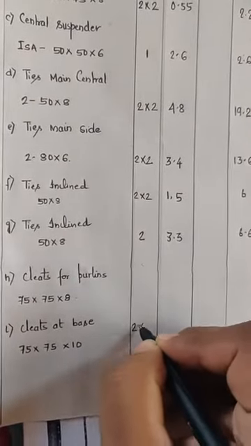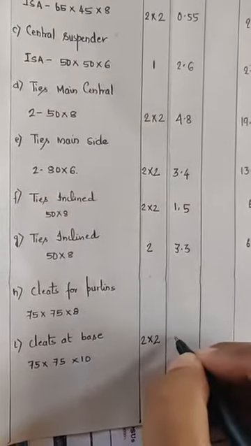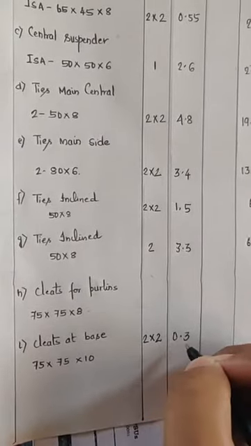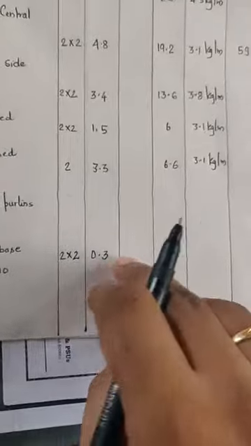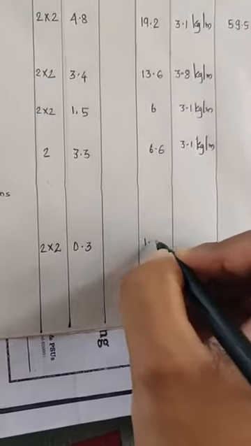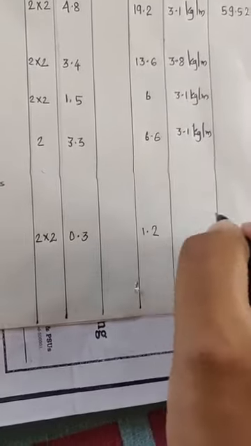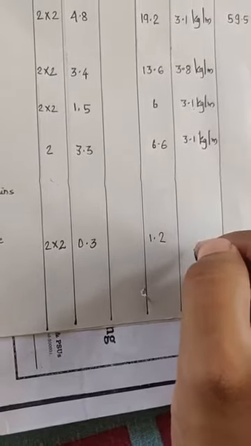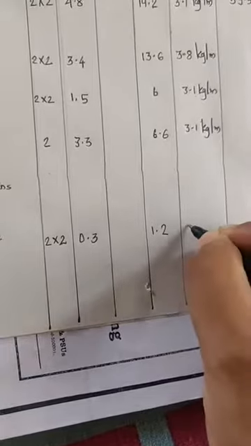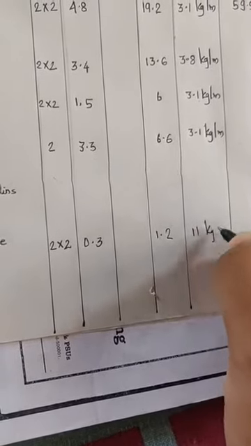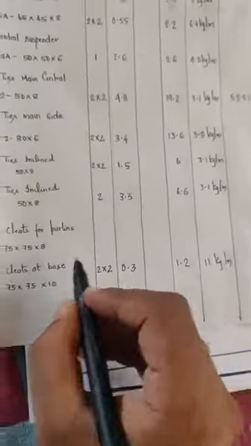So 2 on one side, 2 on the other side, and length is 0.3. So 4 into 0.3 is 1.2 meter is the length. And unit weight of 75 by 75 by 10 is 11 kg per meter.